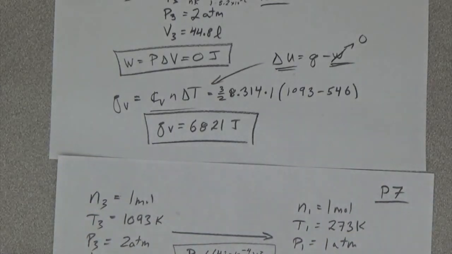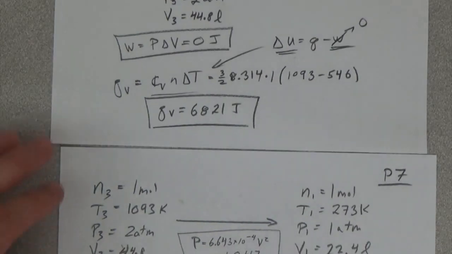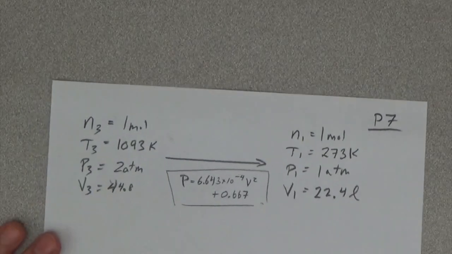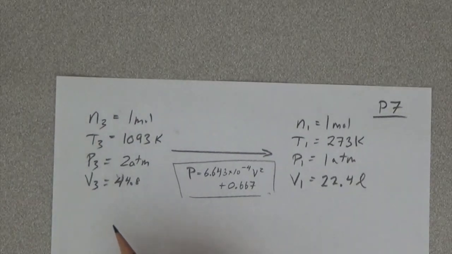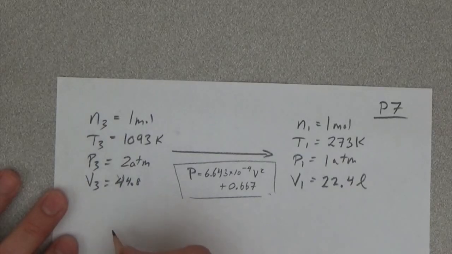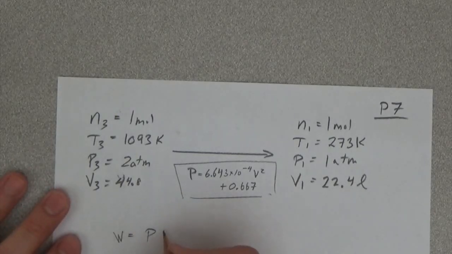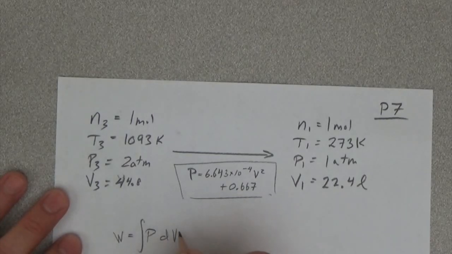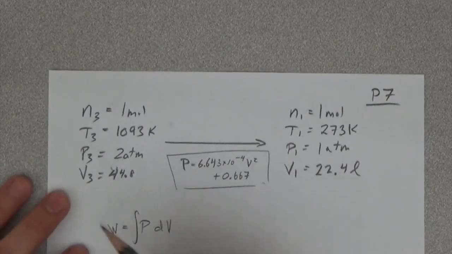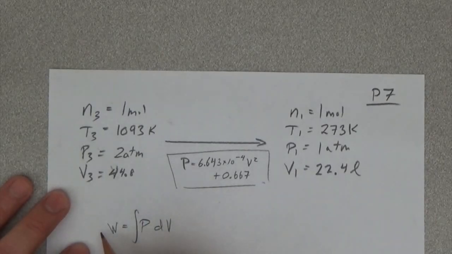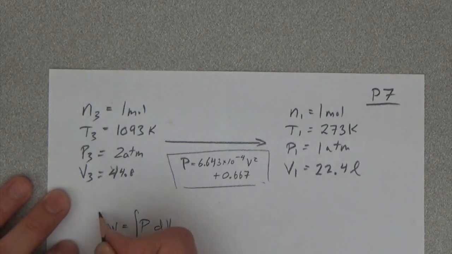Okay. So in this case, work is equal to the integral of P dV. So before we were using basically delta V here, we're going this way.